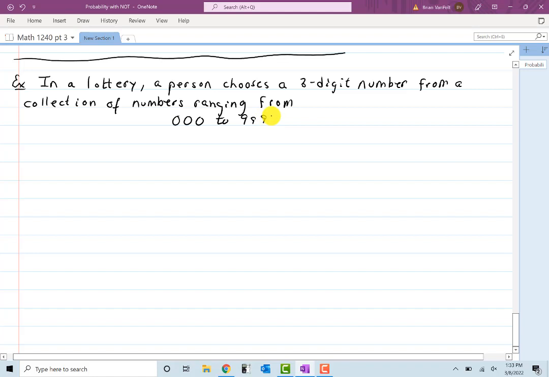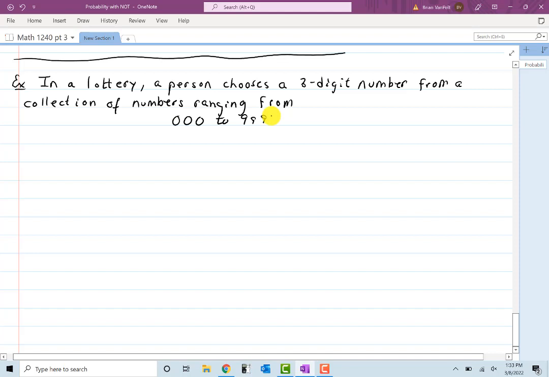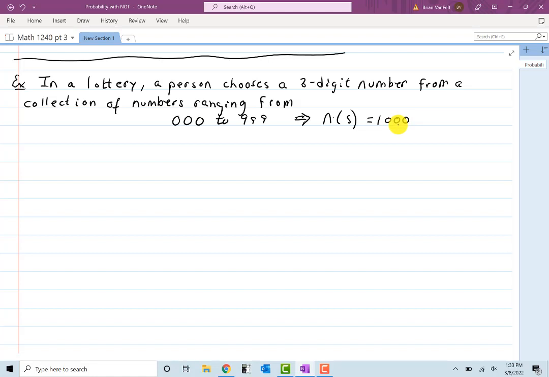If you're talking about a 3-digit number, you can get anything from 3 zeros all the way up to 3 nines. So you can get 001, 010, 500, 384. Any of those are possibilities. In fact, what this tells me is that the size of the sample space is equal to 1,000. Basically, you pick a 3-digit number and you hope it matches some number between 0 and 999.